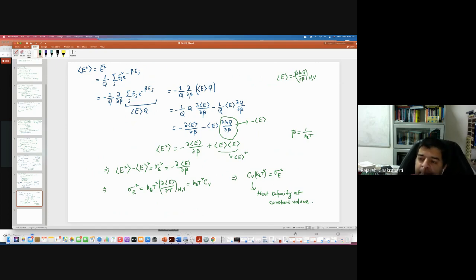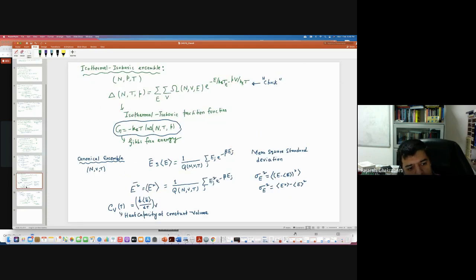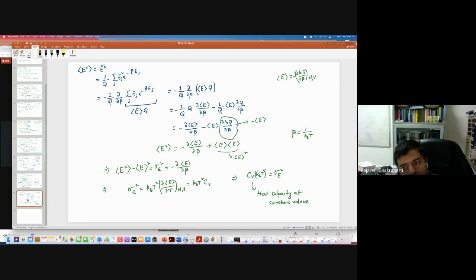And this heat capacity, basically I'm getting it from the mean square standard deviation of energy, isn't it? So if I go to another ensemble and have another quantity and I calculate the mean square standard deviation of that quantity, I can also relate this to some kind of thermodynamic quantity.